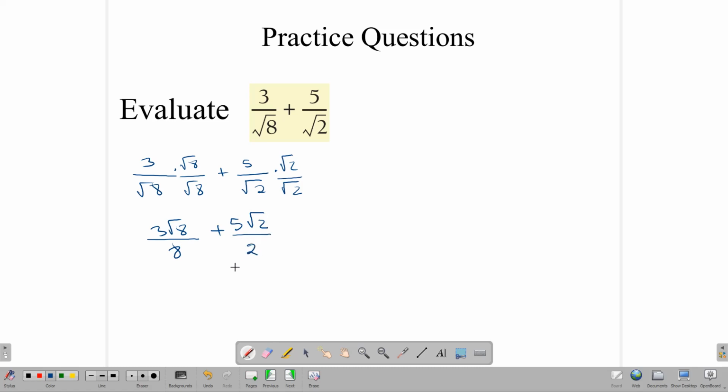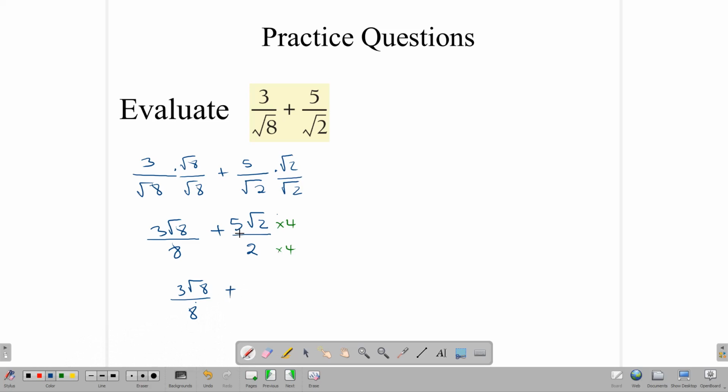And now we can add them. So they have different denominators. So we can multiply this one by 4. So this would give us 3 root 8 over 8. Let's just write that.